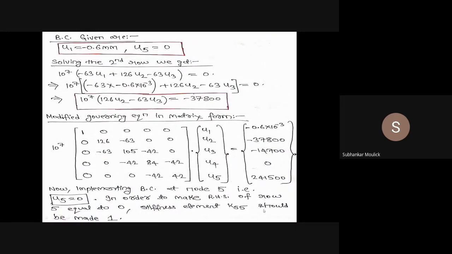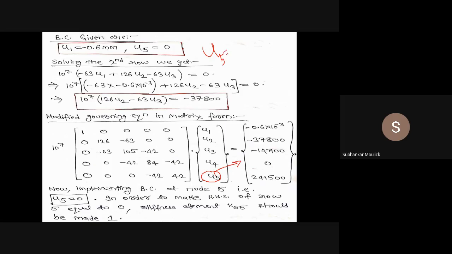Fine. Now we are done with this u1 part. Next, I can see that u5 is also equal to 0. So if I see the fifth row, when I write the matrix equation for this fifth row, then definitely this u5 has to be 0.